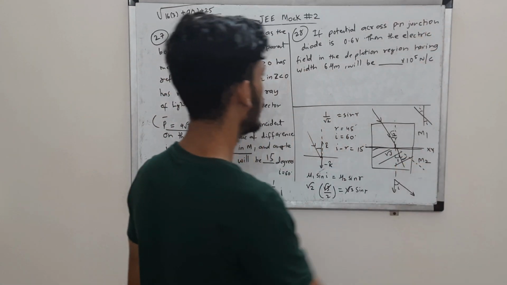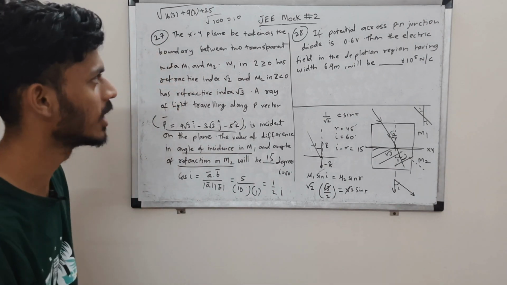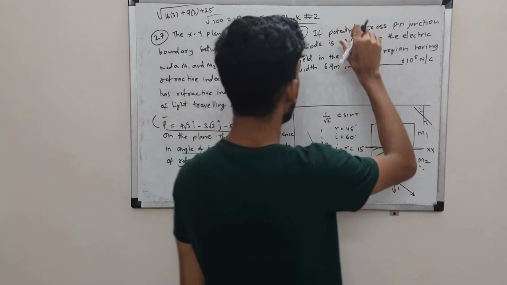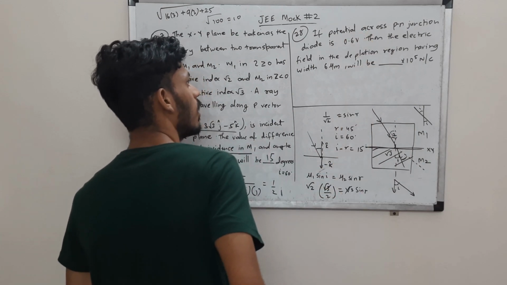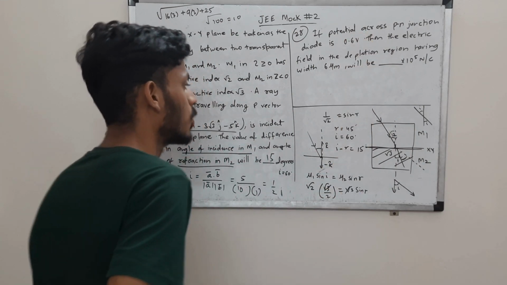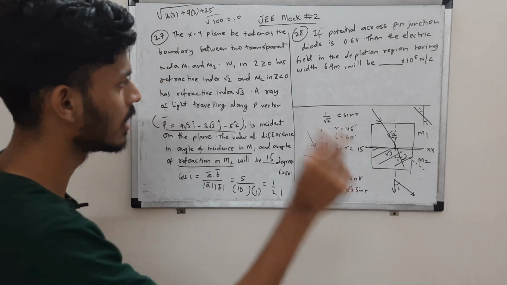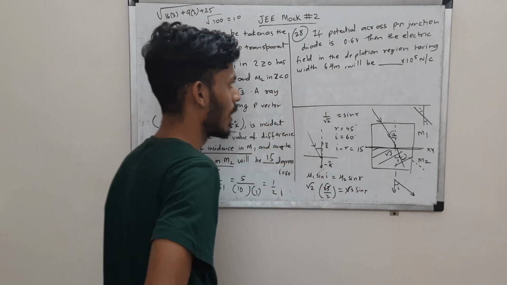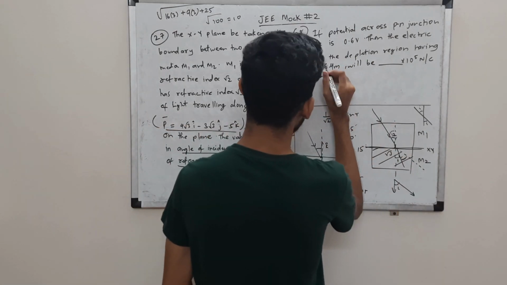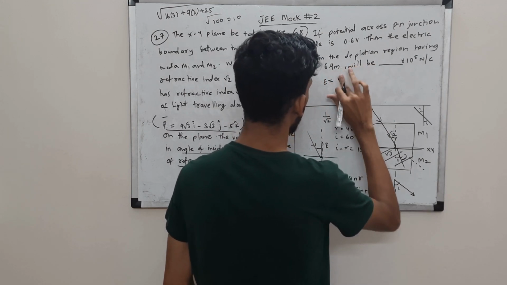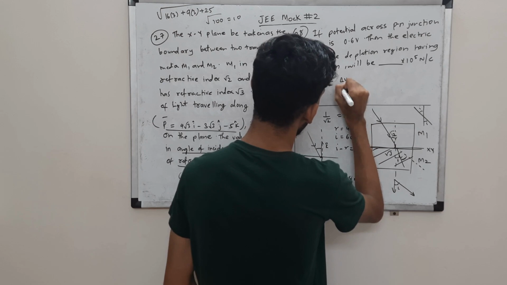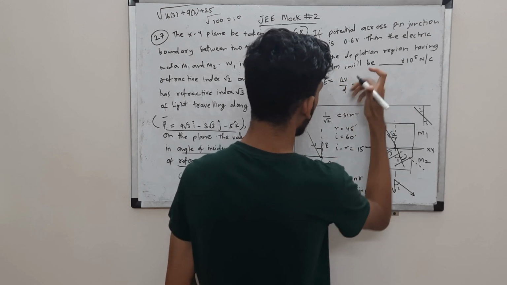In 28 it's a very straightforward question. Here you are given a PN junction diode. The potential difference is 0.6 volts. You are supposed to tell the electric field within the depletion region of width 6 micrometer. If the field is uniform, you can write it as delta V by the width.